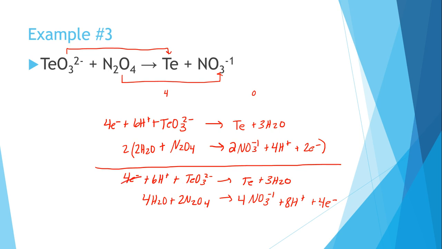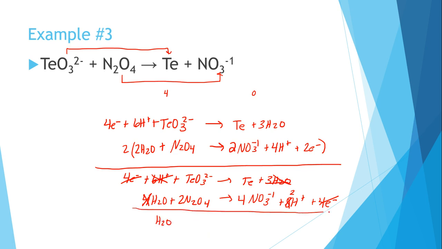So we're going to see that my electrons cancel here. We're going to see that 3 of these hydrogen will cancel 3 of these hydrogen, so that leaves me with just 1. And then here we're going to see that I have 6 hydrogen, and that's going to get rid of 6 over here, so now I just have 2 H plus ions. From there, we just write what we have left over. So we have a water left over.